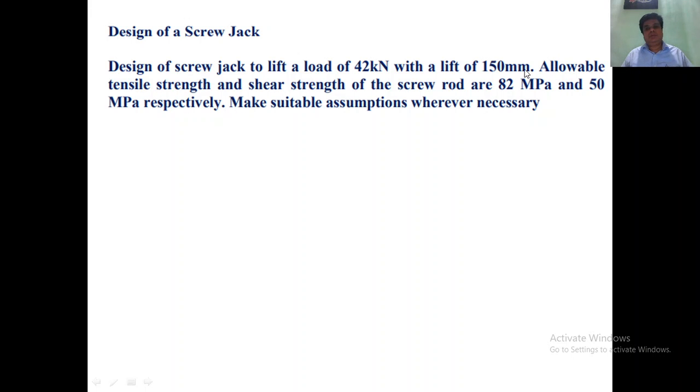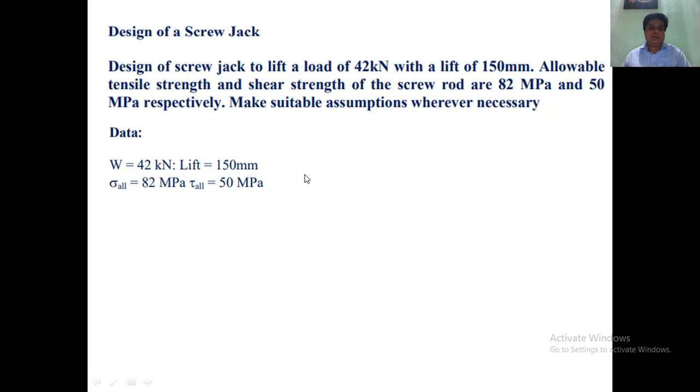In case they give the material property, tensile strength and shear strength, and a factor of safety, then you have to initially calculate the allowable tensile and shear stresses in the material, and then go for the designing process.